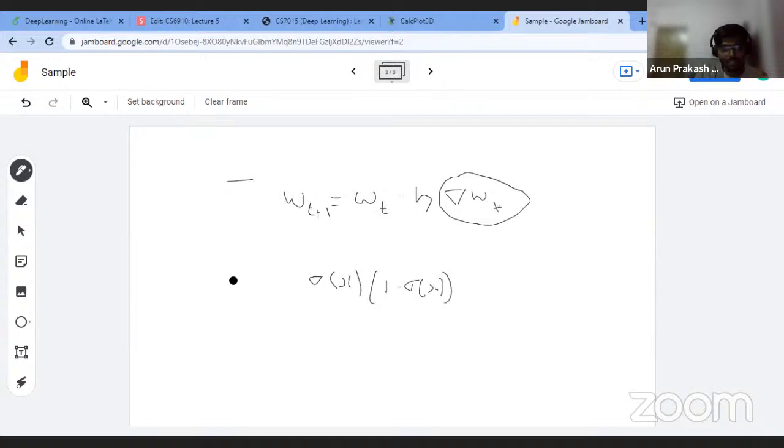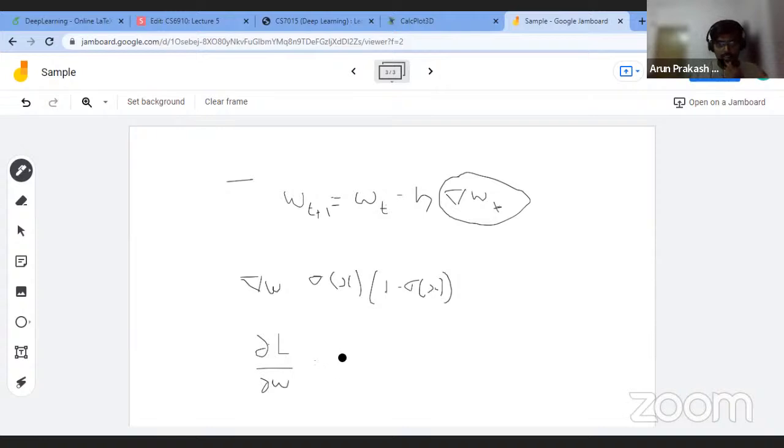Okay. So actually, when we write this nabla W, we mean that we are computing the gradient of the loss with respect to W, right? Yes, sir.